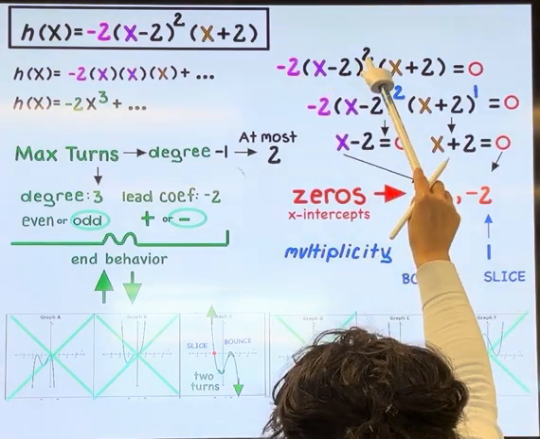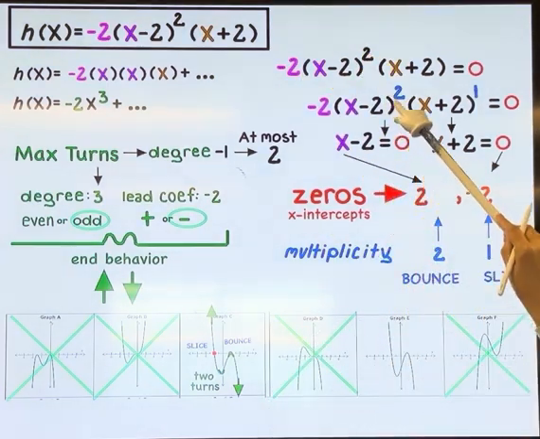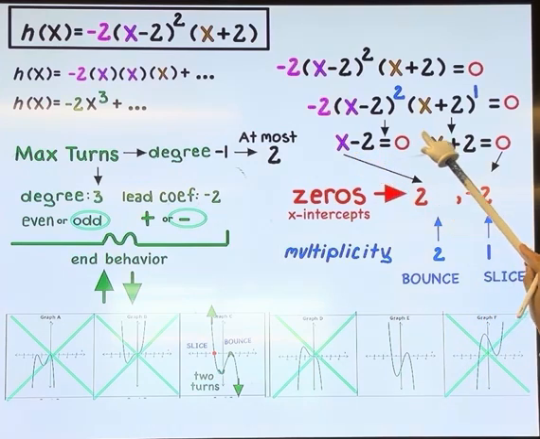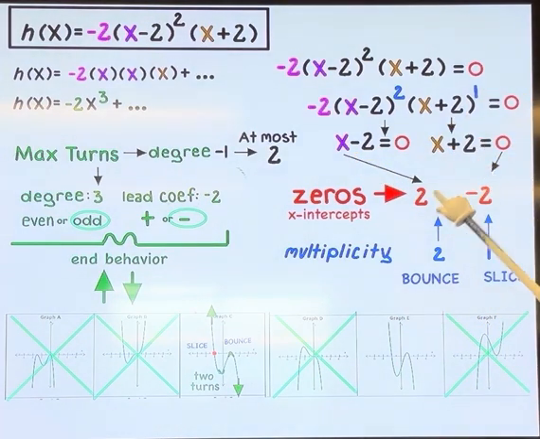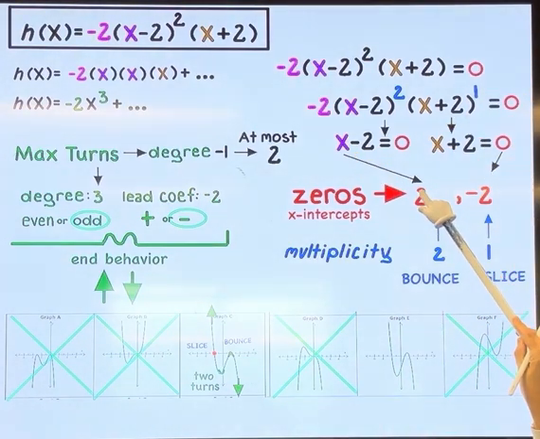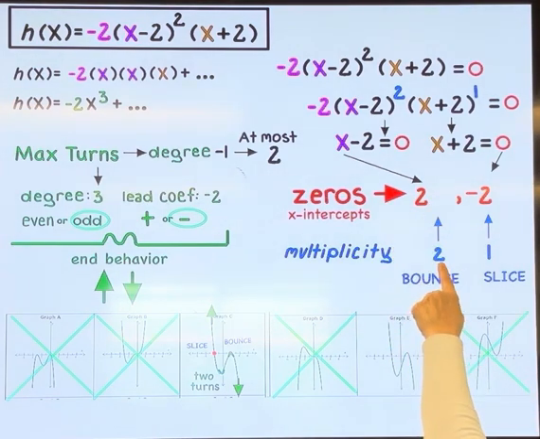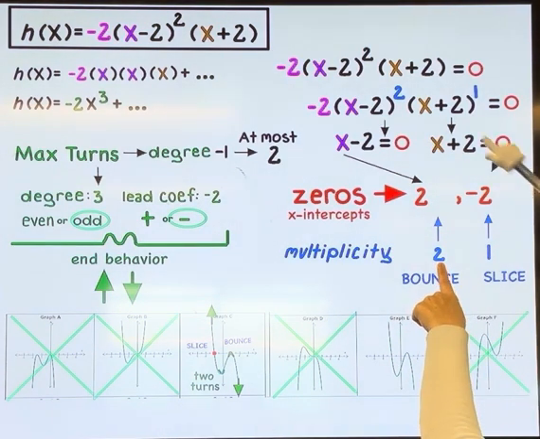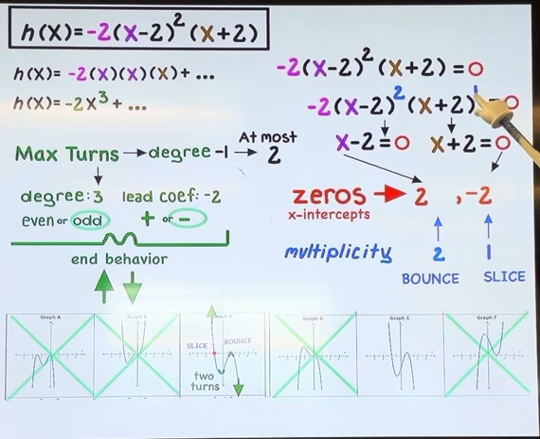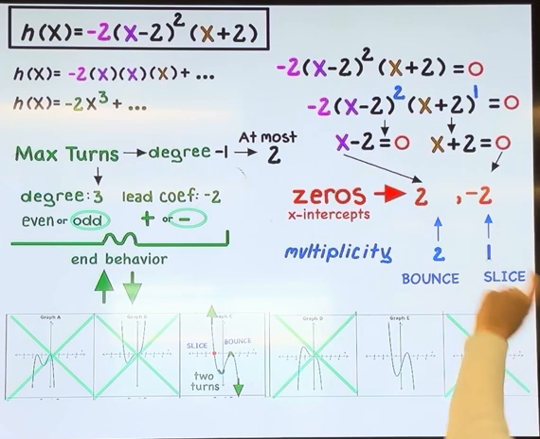x - 2 is to the second power, so technically I set x - 2 equal to 0 twice, so I got the answer 2 twice. So this number has multiplicity 2. But x + 2 is to the first power, so setting x + 2 equal to 0, I only did that once, leading me to -2, so its multiplicity is 1.